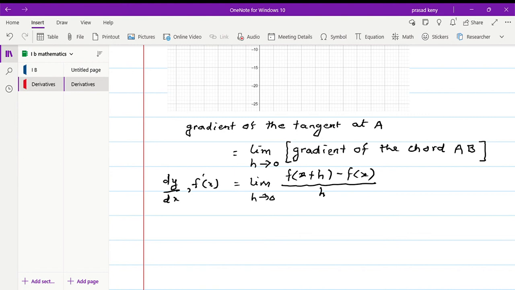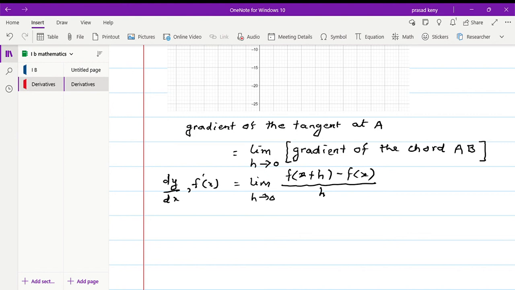Okay, so the gradient of tangent, I can say that it is the limiting case as h tends to 0, gradient of chord AB. And we have already seen that the gradient of the chord AB is f(x plus h) minus f(x) upon h. But by the definition of derivatives, the gradient of tangent at A is the derivative of f(x) at x is equal to A, which I can show by dy by dx or f dash x.